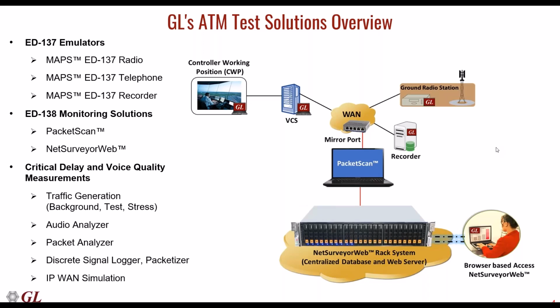For this, we have a suite of equipment. This suite acts as probes, both in legacy and in IP networks. As probes, they induce the voice signals, PTTs, and other radio signals.